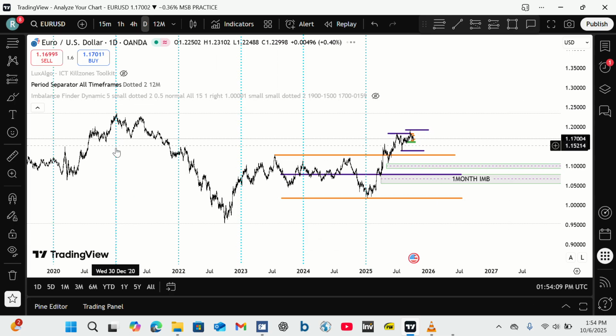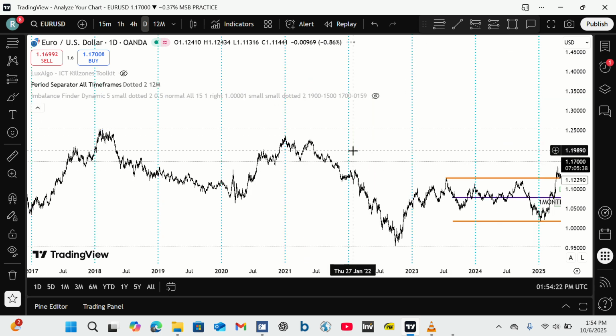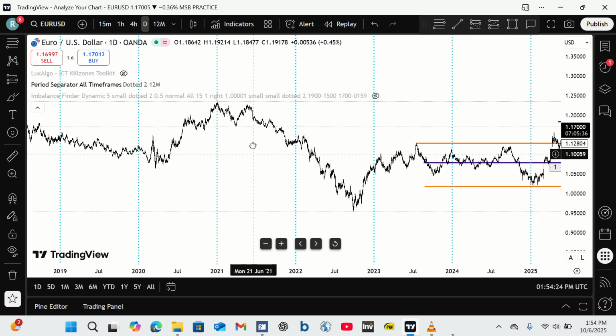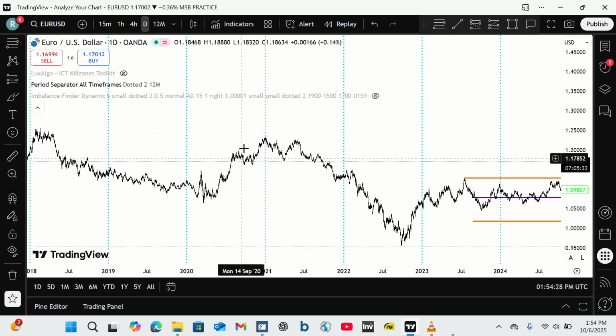From this line to this line is a 12-month period, then from this line to this line is a 12-month period, and so on and so forth. Within this period, we have the high and then the low.